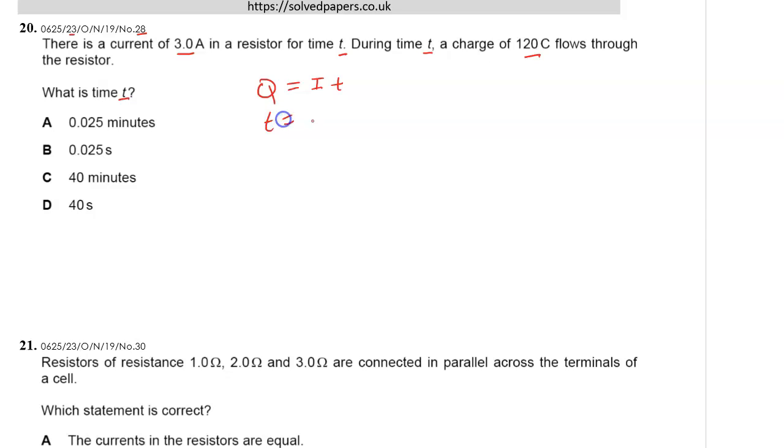Therefore, we make time the subject. It's going to be charge divided by current. Charge is 120 coulombs divided by current, which is 3 amperes.